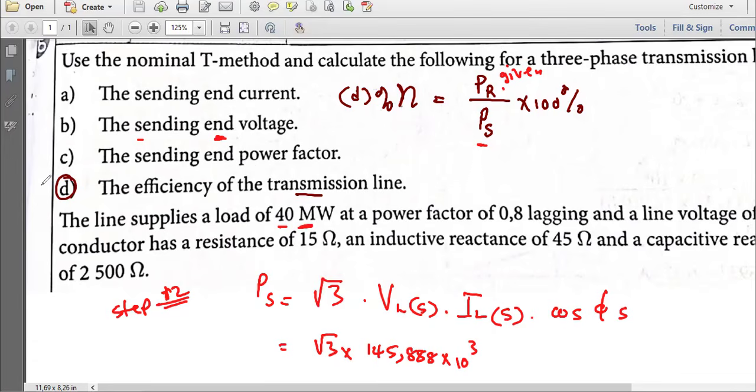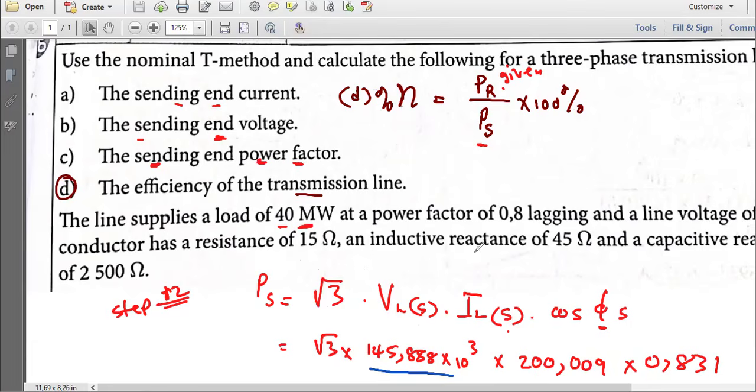So there we have our line voltage. Also the sending end current, which in polar form was 200,009, times the power factor, which was our part C, 0,831. So this is everything that we calculated.